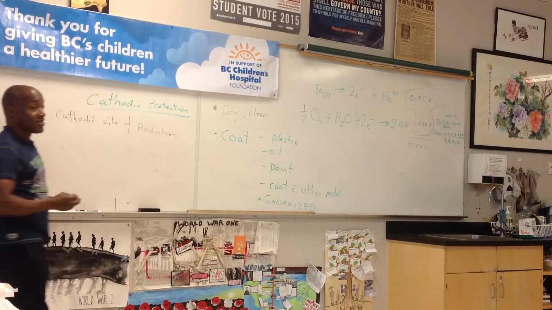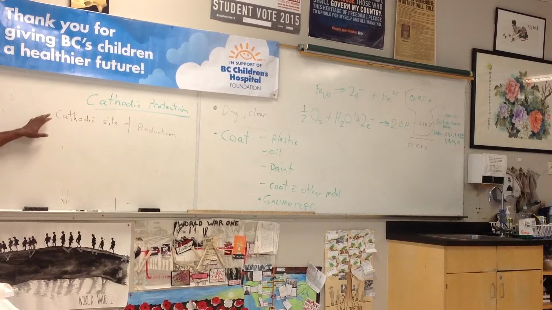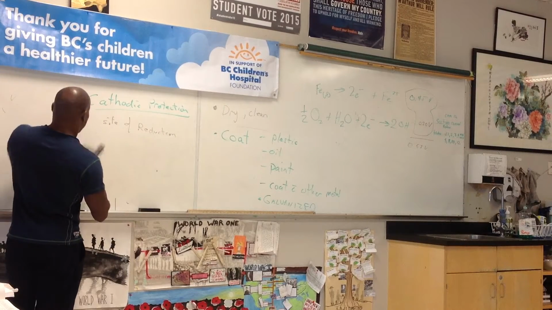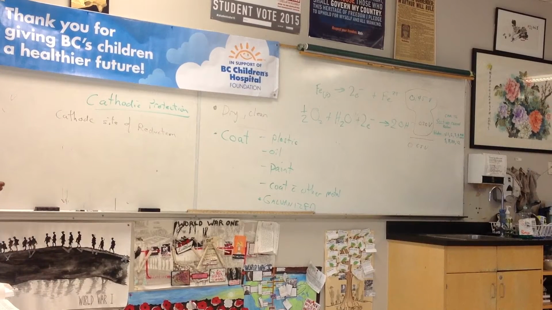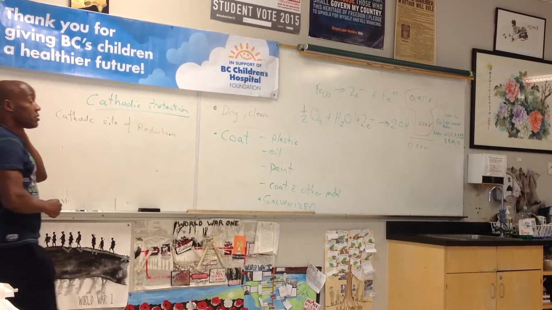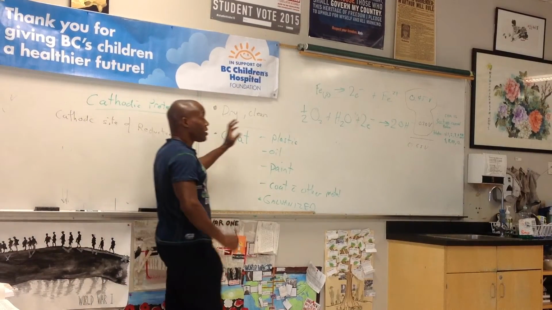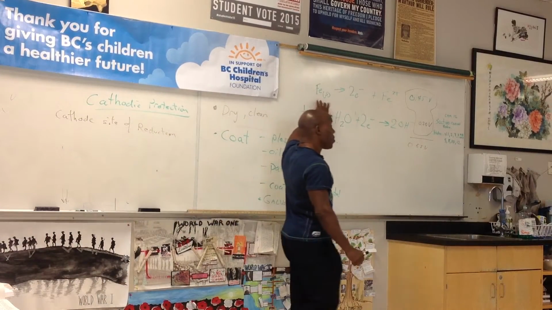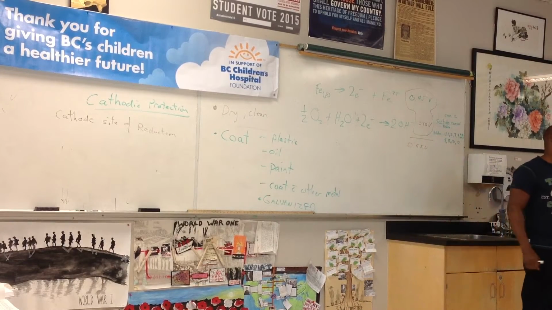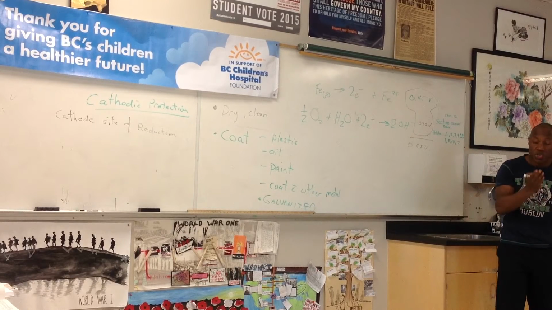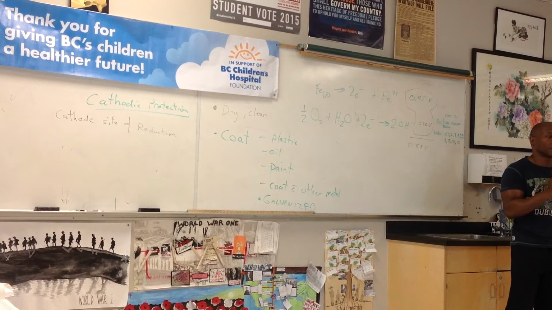If you've got two metals, and you're trying to preserve your iron, do you want iron to be the anode or the cathode? Cathode. You want iron to be the cathode. How, if you have two metals, can you make sure that iron is the cathode? One with a higher reduction potential.